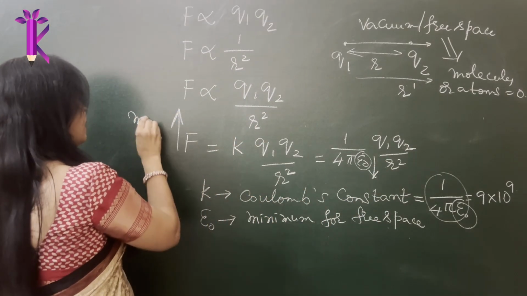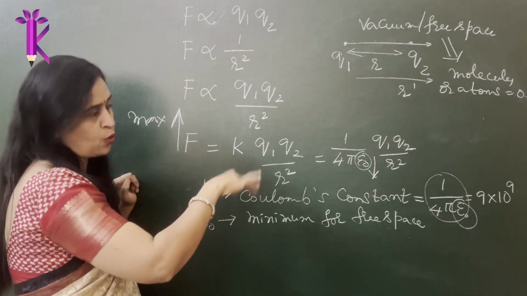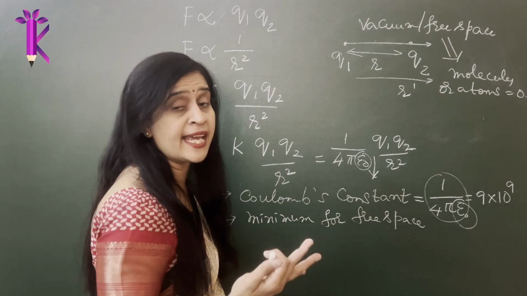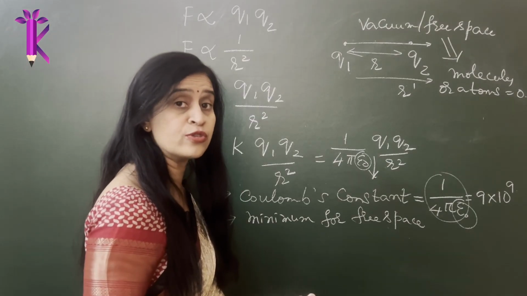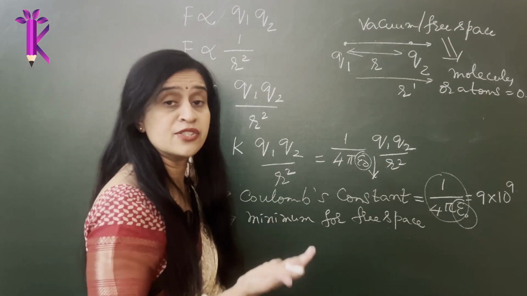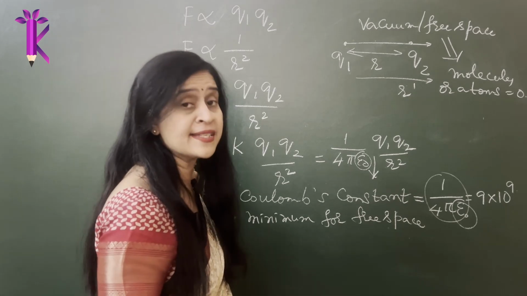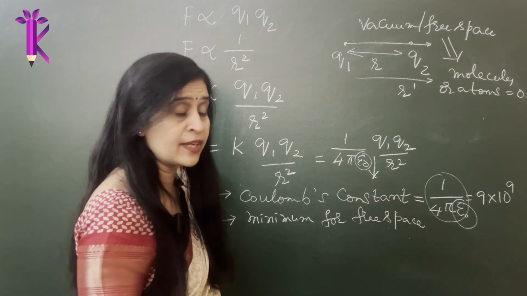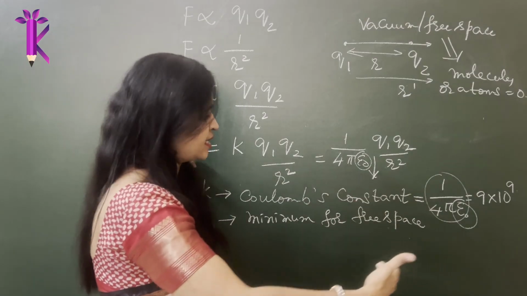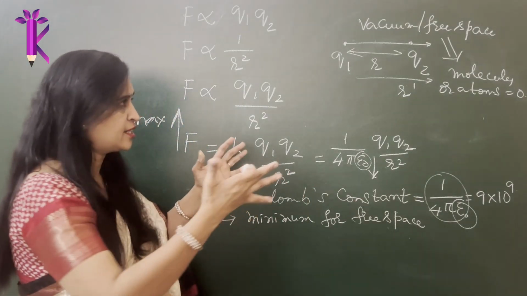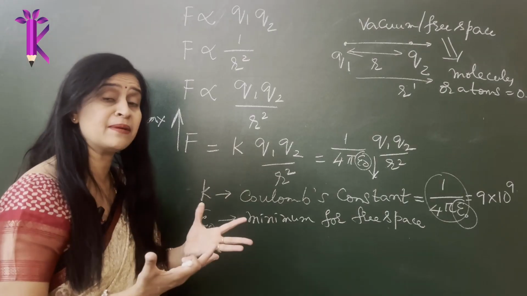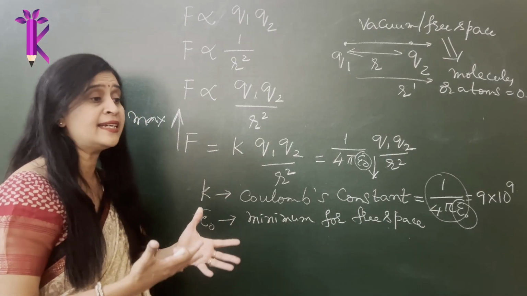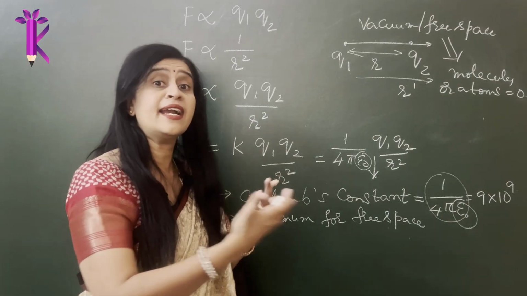The force will be maximum. So the force exerted by Q1 on Q2 or Q2 on Q1 is maximum. They experience the maximum amount of force only when kept in a medium assumed to be vacuum or space, where there are no nuclei or electrons or protons to interact with. So there is absolutely no obstacle. So we assume that it experiences the maximum amount of force in a medium where there is nothing to really reduce the amount of force.